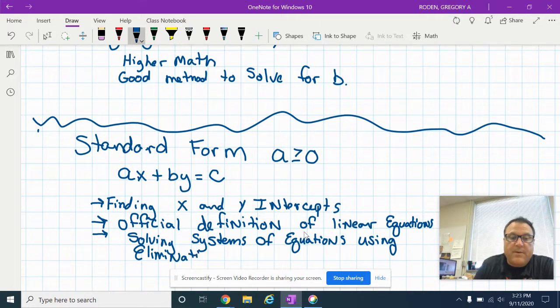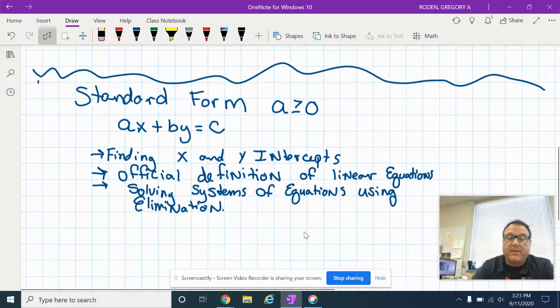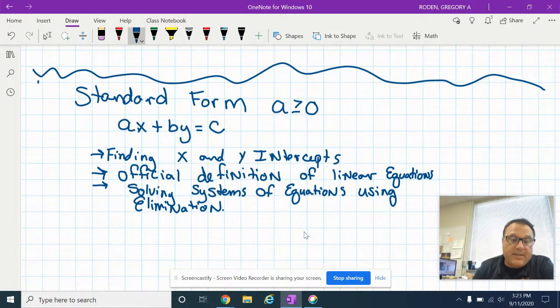So if you remember back in your algebra days, you solved systems of equations using elimination. Standard form is a really good way, if you put them into standard form, the x's line up, the y's line up, and it really works out nice. And we can talk about that in this lesson a little bit.